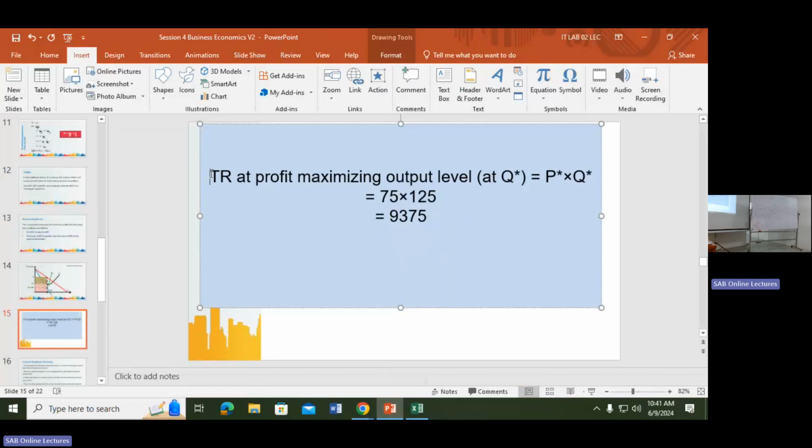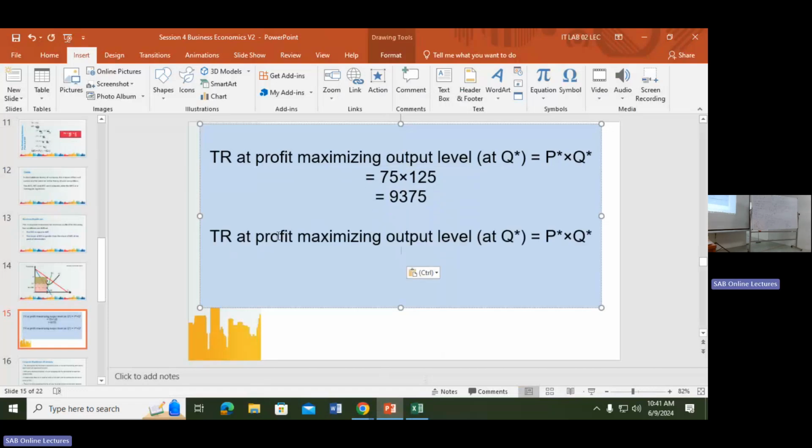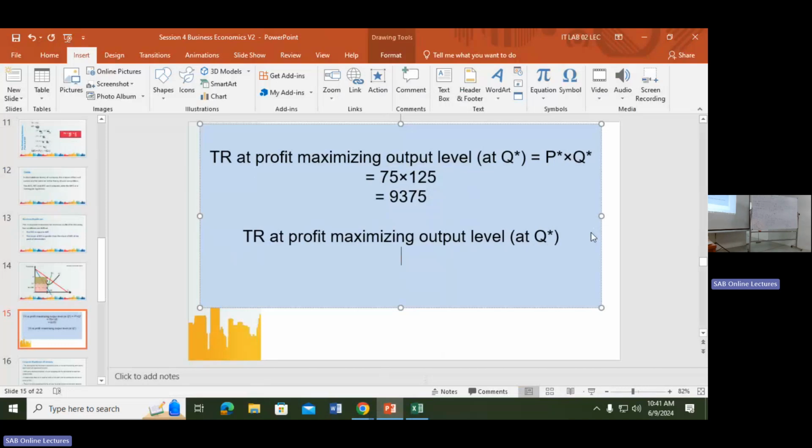And then find the total cost at profit maximizing output level, that is at Q star. We know the total cost function is 50Q plus 1000.